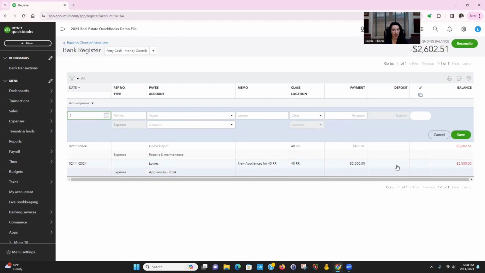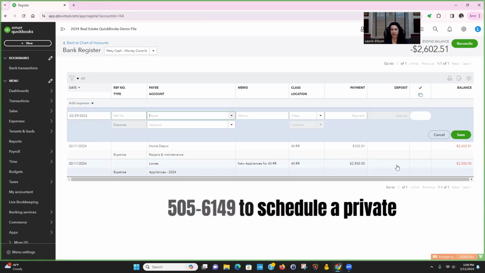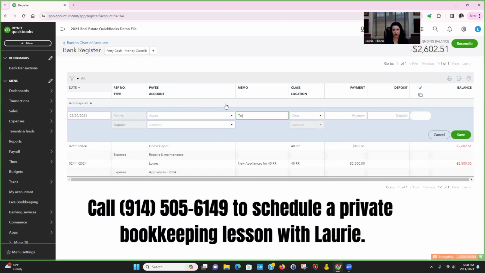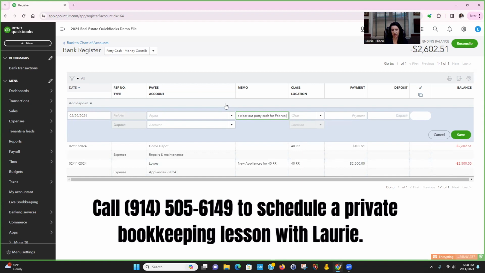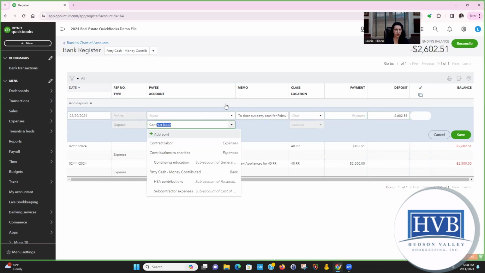So at the end of the month, what I want you to do is make a deposit, and we're going to say to clear out petty cash for February. We're going to make a deposit, 2602.51, and this is a contribution.